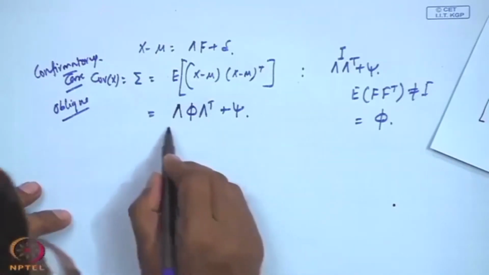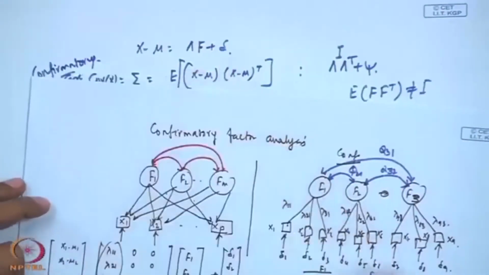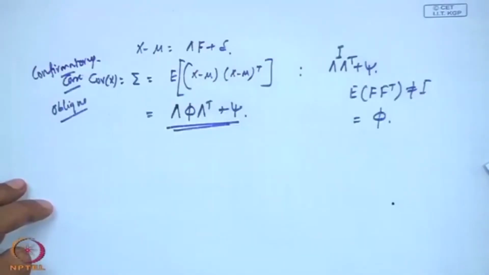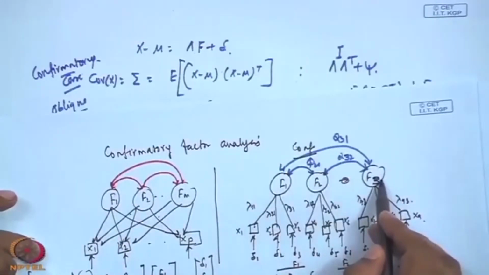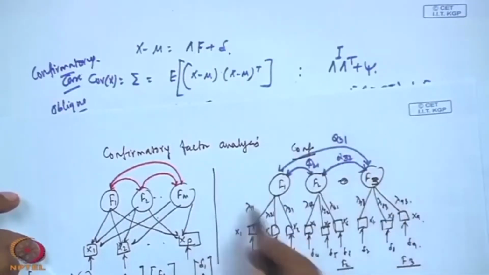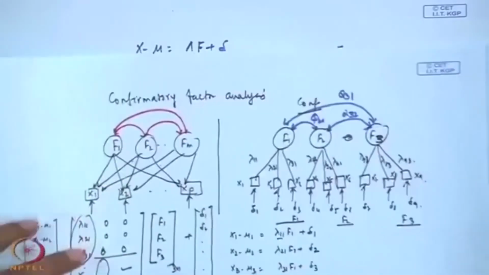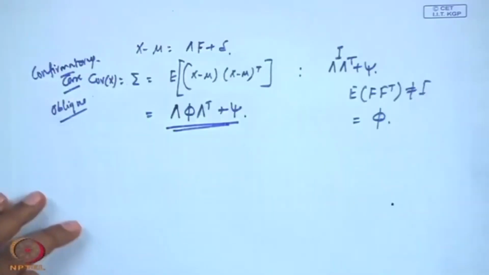Okay. So keep in mind that there is a definite purpose here why we are going for oblique, because we basically want to measure these factors as well as their interrelationship. This interrelationship is very important for all of us. Otherwise there is no difference.